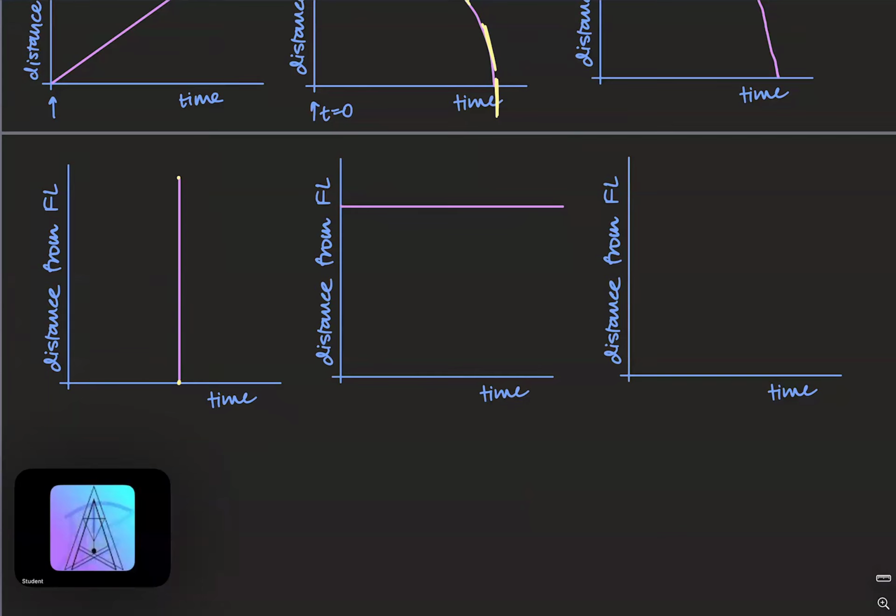Now, okay, so let's look at this example, the last one, and you should do it by yourself. So just walk me through what your thought process would be on how you will decode this graph. Okay, so the car is some distance d from the finish line, and as time passes, the distance is the same.